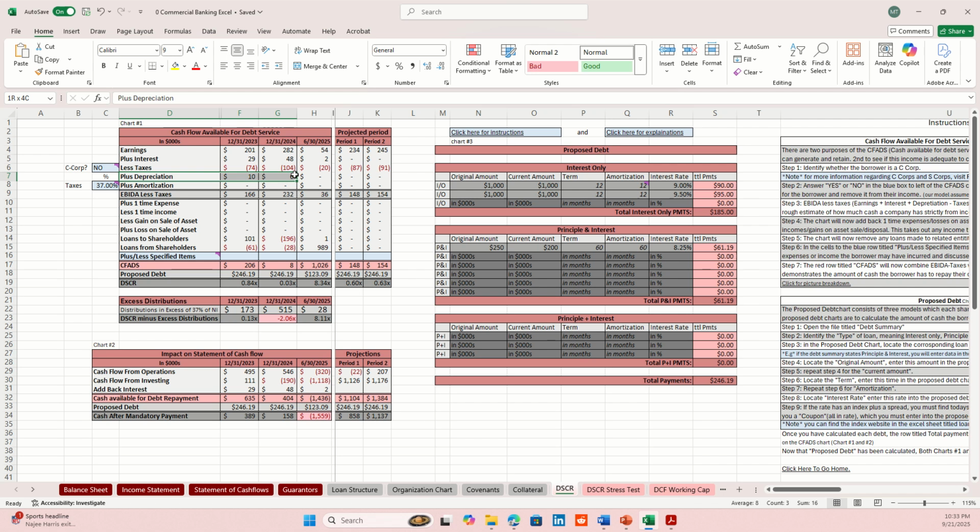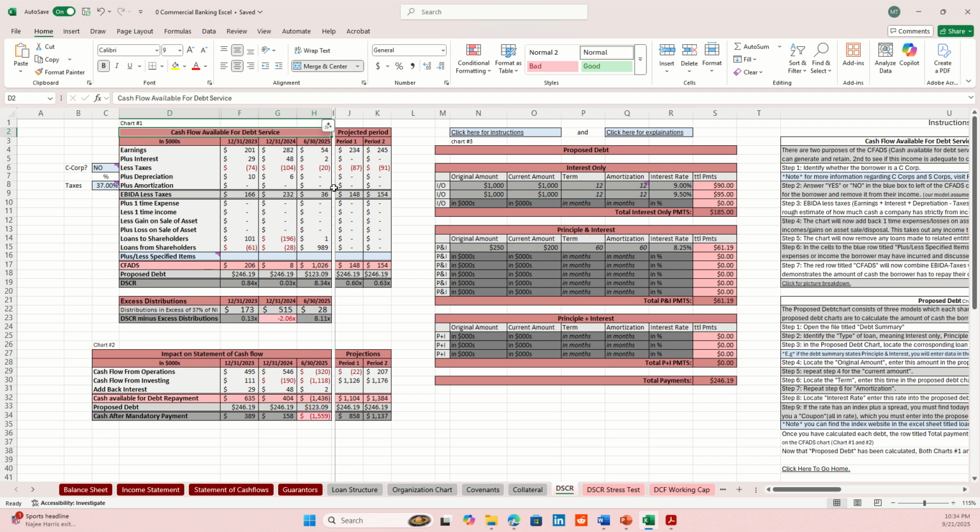Plus depreciation. Depreciation has no cash effect. Depreciation does not affect cash. So remember, cash is not impacted by depreciation. Depreciation is the recognition of a loss in value on an asset. It is not an actual cash expense.